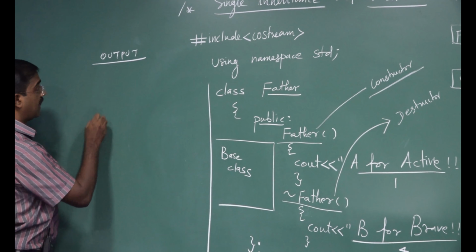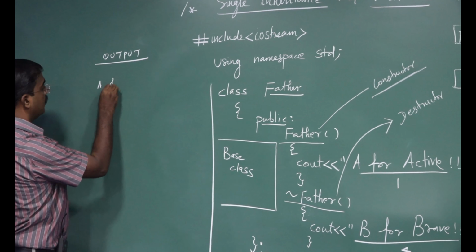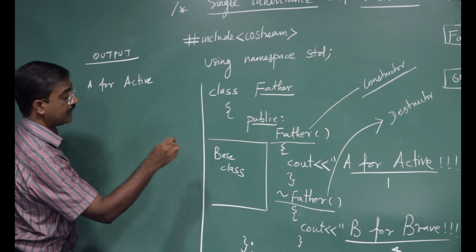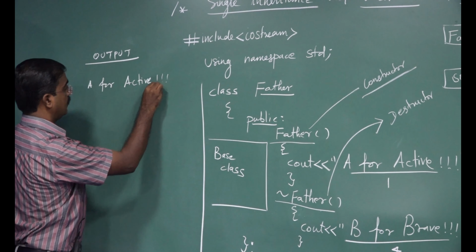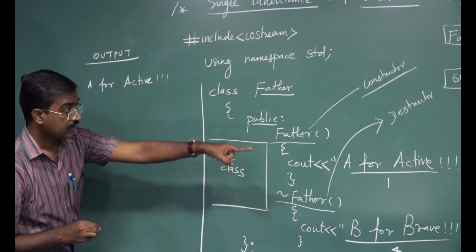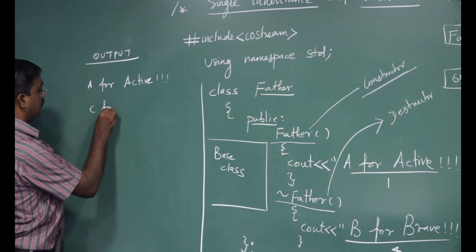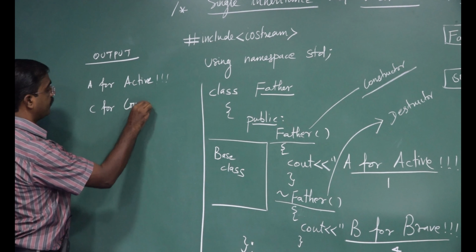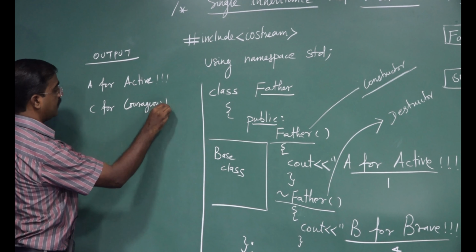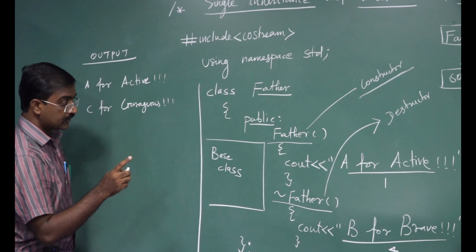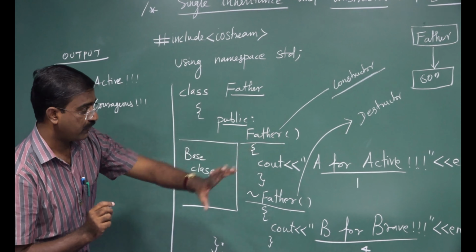Output, I will say now. First statement is A for active. And then what is the third one? C for courageous. And then, sir, in the statement D for dutiful.